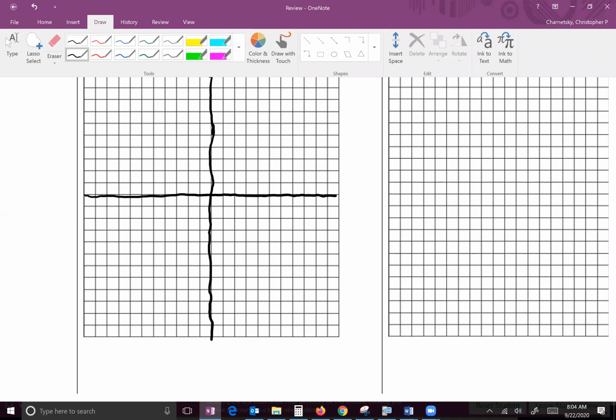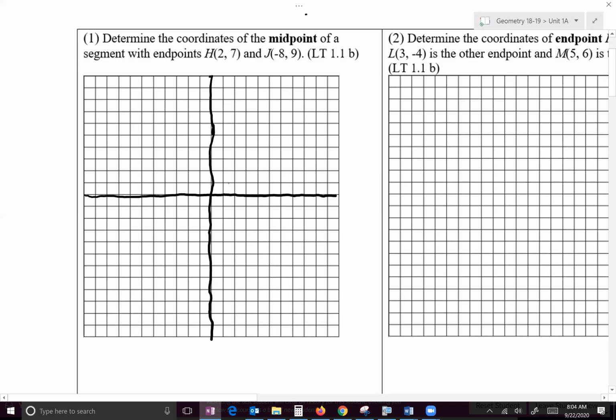We have H at 2, 7. So I'll go to 2, then 1, 2, 3, 4, 5, 6, 7. That's H. And J is at negative 8, 9. 2, 4, 6, 8. 1, 2, 3, 4, 5, 6, 7, 8, 9.